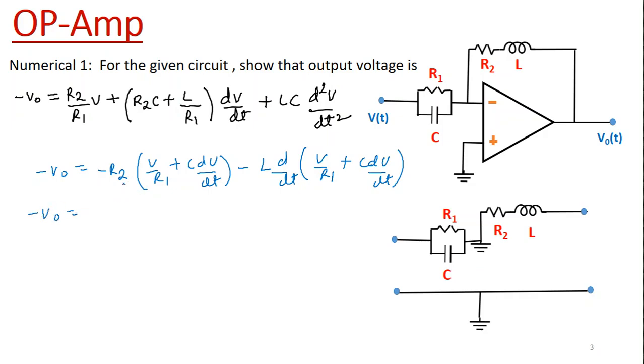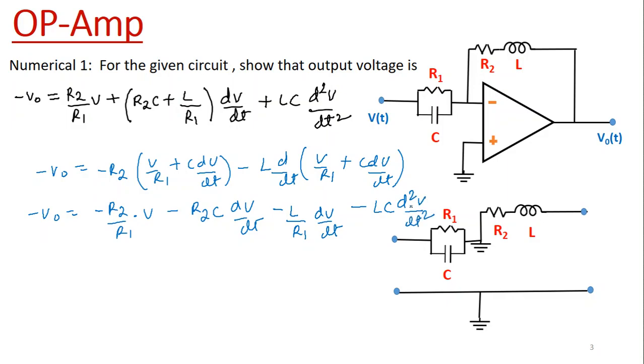Now we multiply R2 into the bracket. We get minus R2 by R1 into V minus R2C into dV by dt, and again we multiply L d by dt into the bracket. Since V is a function of time, we get minus L by R1 dV by dt, then minus LC d square V by dt square.